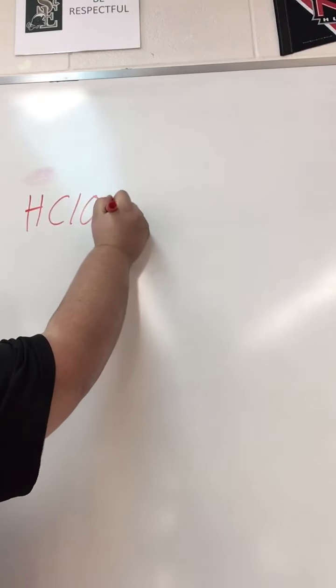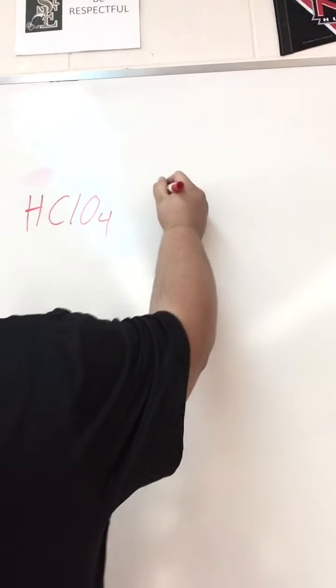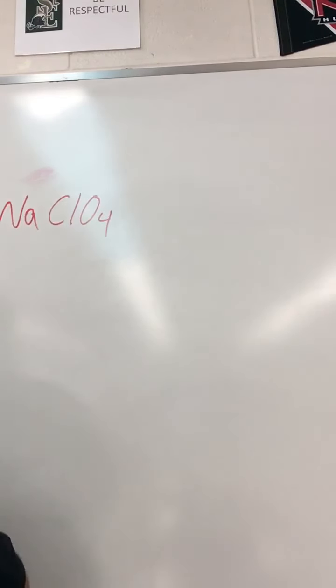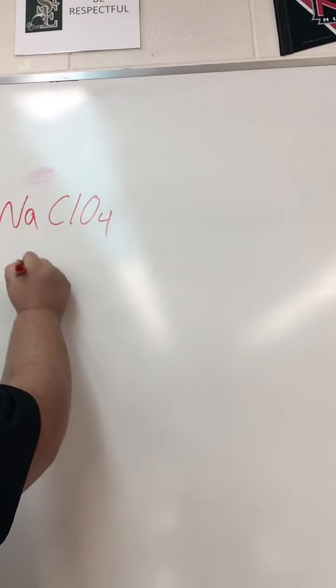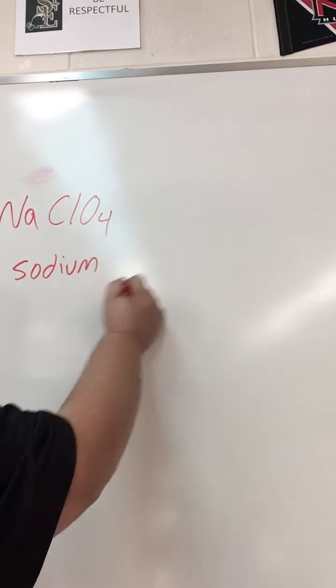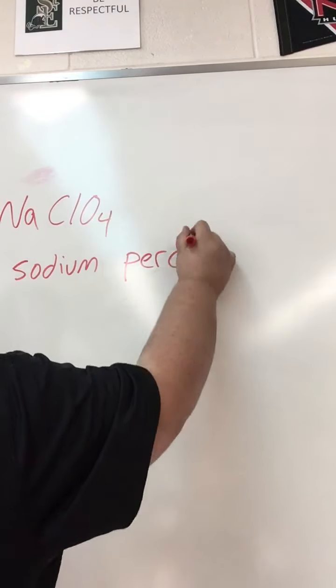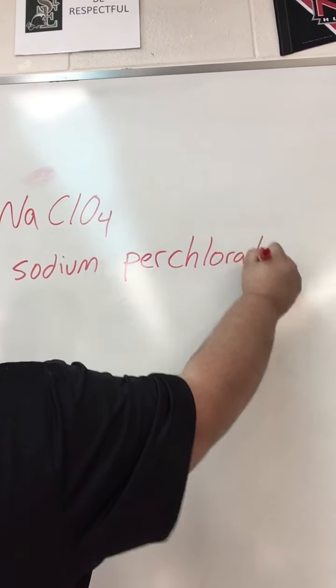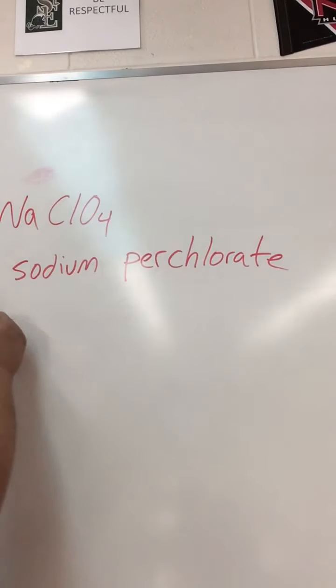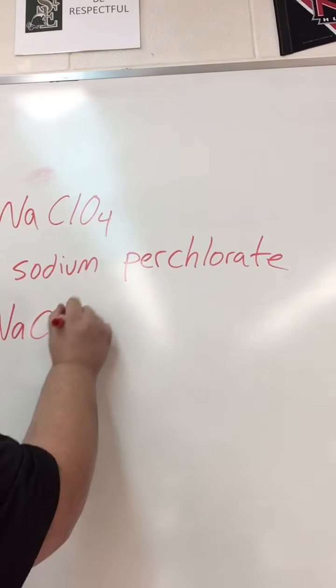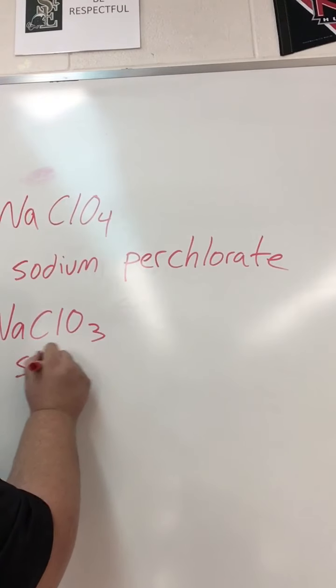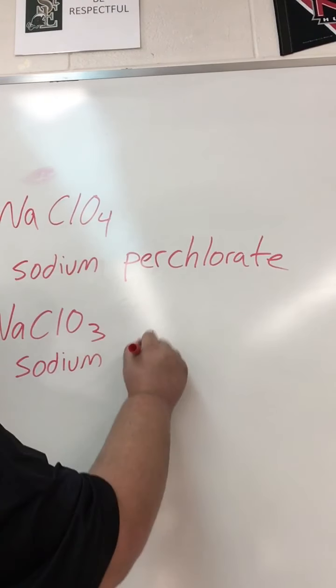HClO4. Let's go back. NaClO4. All right? Sodium perchlorate. If I take away an oxygen, it would be NaClO3. That's sodium chlorate.